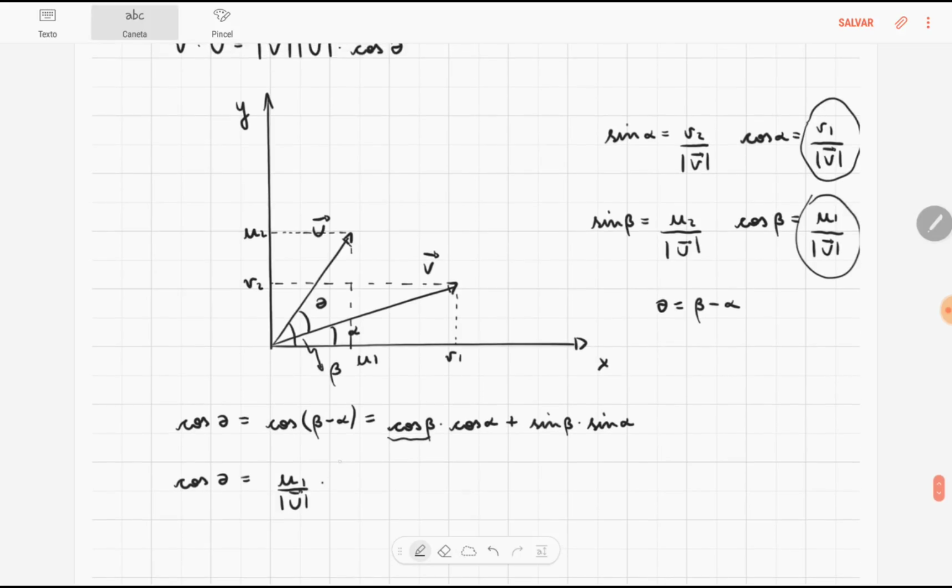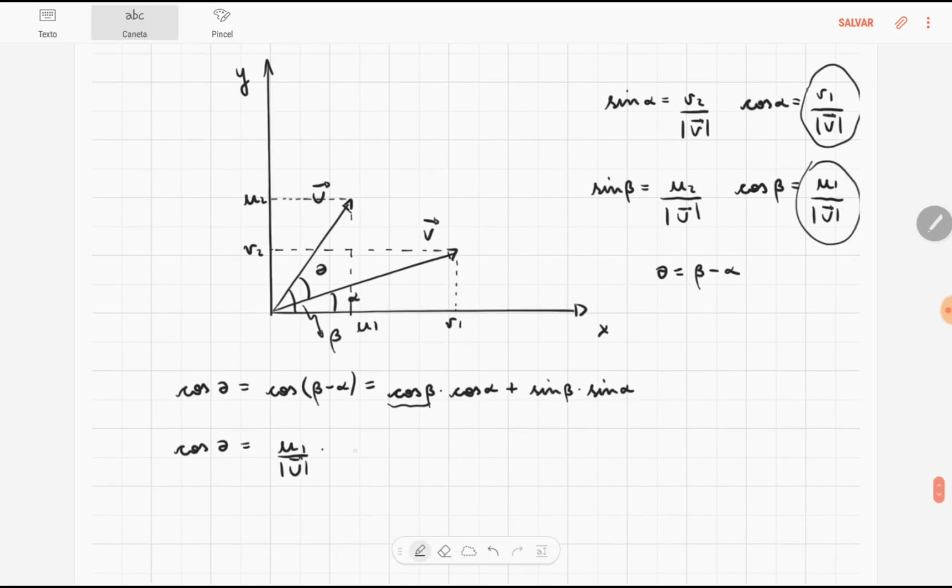We know that this is equal to v1 over the magnitude of vector v, plus the sine of beta. We know that sine of beta is equal to u2 over the magnitude of vector u times the sine of alpha. We know that sine of alpha is equal to v2 over the magnitude of vector v.